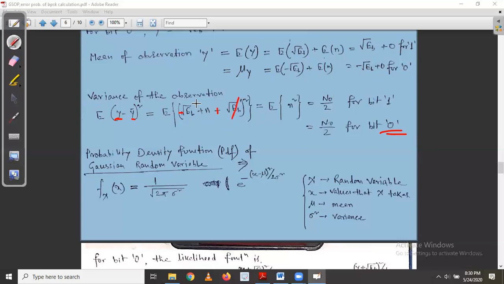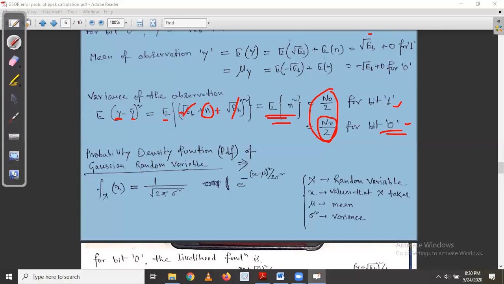Now this will be cancelled out. Again E of n square is there. So this is nothing but the variance, N naught by 2. So whatever the bit is, 1 or 0, the variance value is the same.